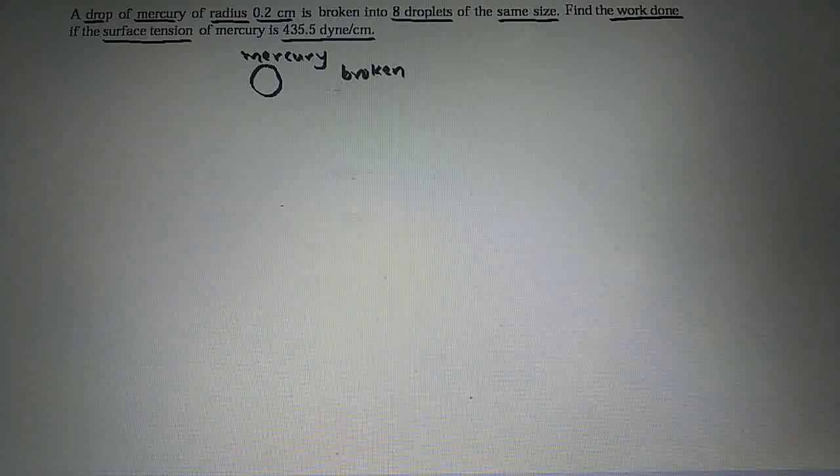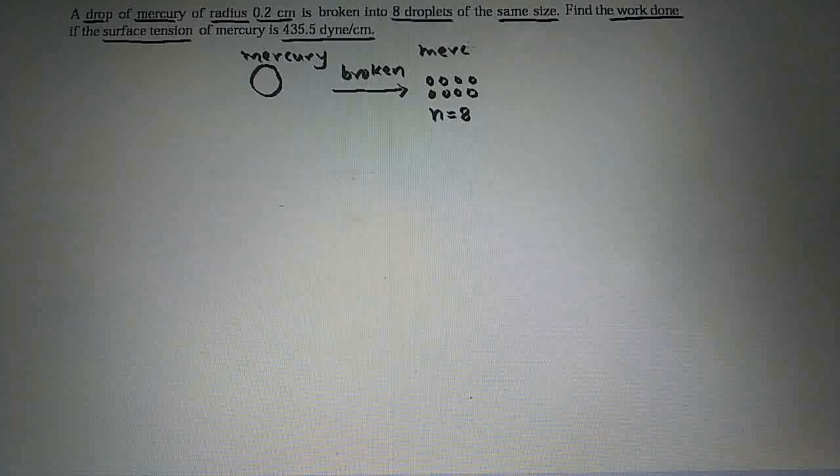and this drop of mercury is broken into 8 droplets. This drop of mercury is broken into these 8 droplets of mercury. So we will write the number of droplets is equal to 8. These are the 8 mercury droplets.